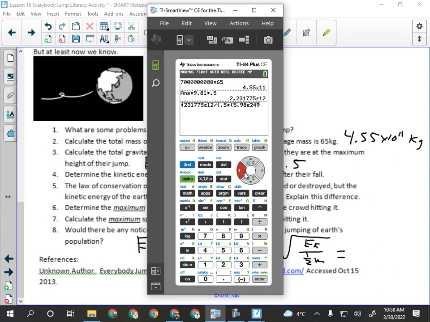That's 8.6 times 10 to the -7 meters per second. So like 0.00000086 meters per second.